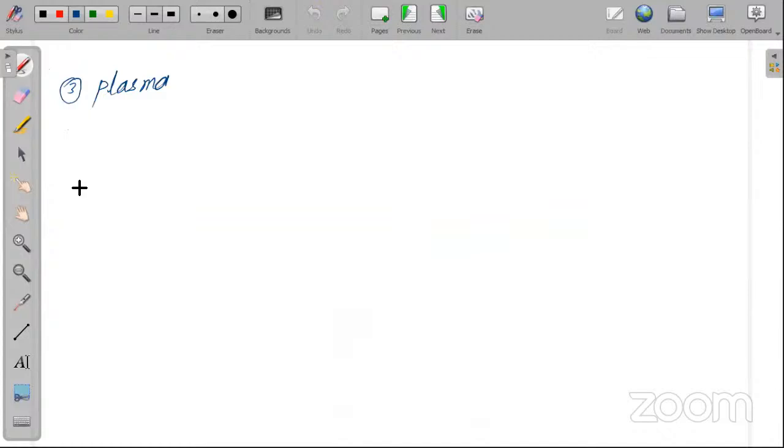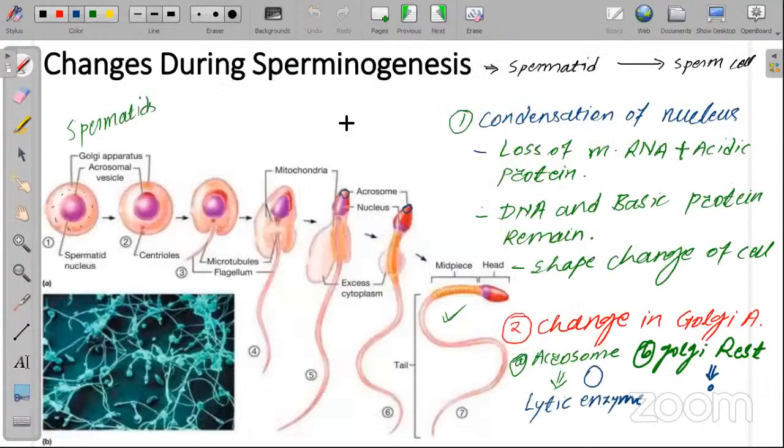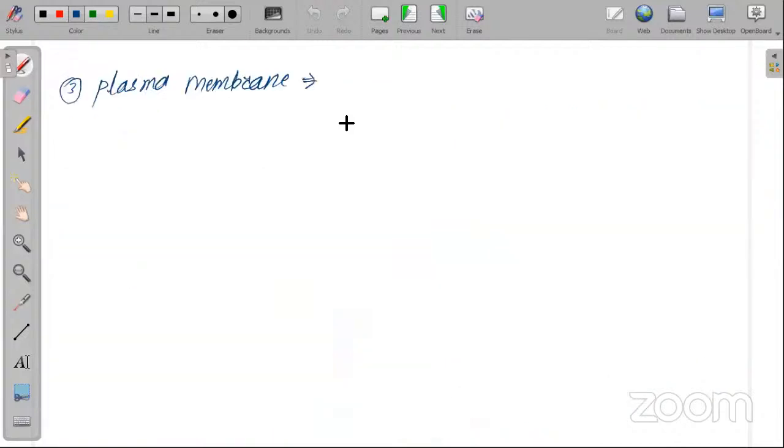So this plasma membrane, after conversion of spermatid to sperm cell, is maintained in the tail region, as well as some plasma membrane present in the middle piece. ये middle piece में चला जाएगा, ठीक है.